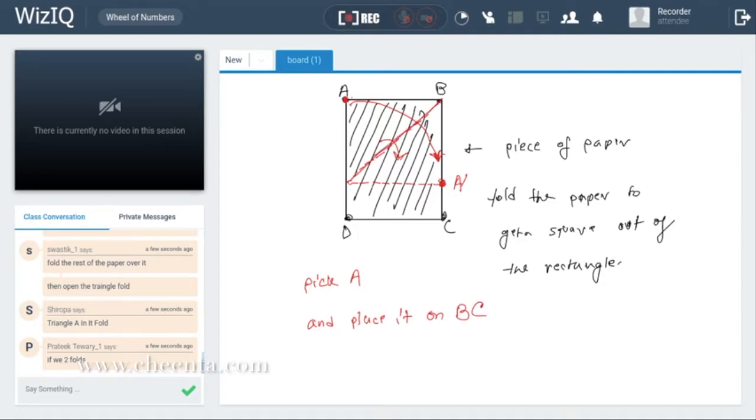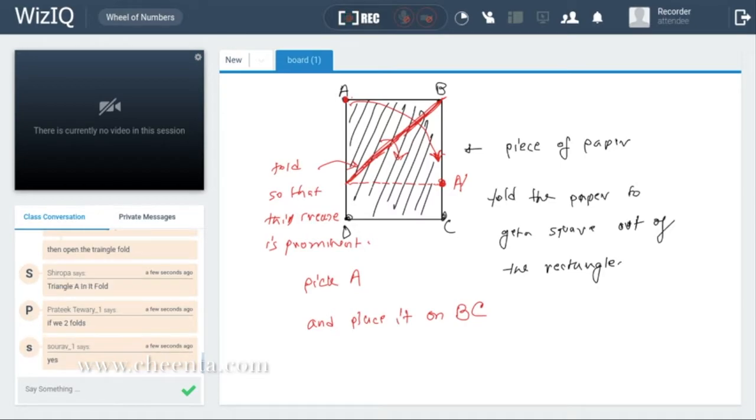And I am making sure that this line that we have here is the crease of the diagonal. So if we fold along this, fold so that this crease is prominent. Do you understand what I'm saying?